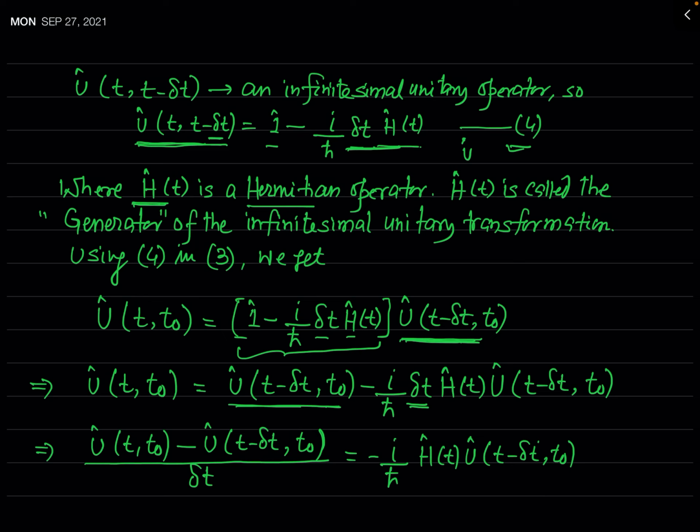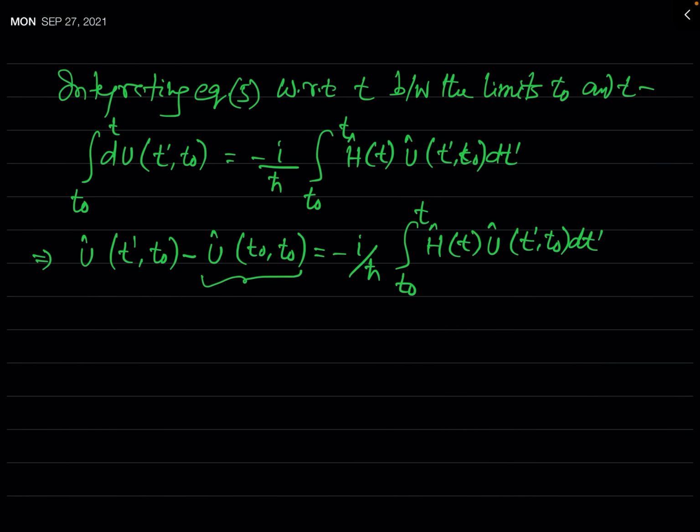So in that condition this u hat of t, t will be simply equal to 1 hat, because this term will be 0. So since both of the parameters in the argument are the same, its value will be simply 1 hat. Have you understood or not? From that definition of the infinitesimal unitary operator, the value of this operator is simply the unit operator 1 hat.